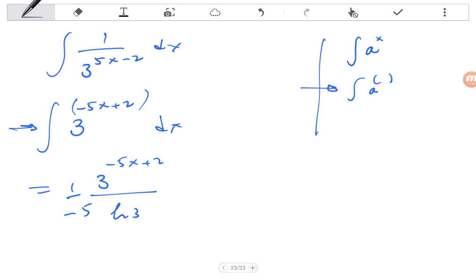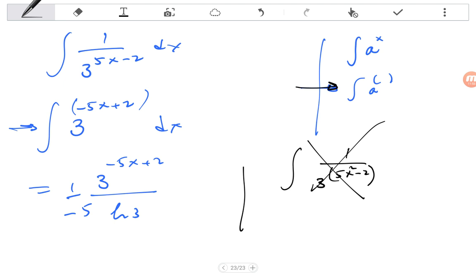What if the expression was the integration of 3 to the power of (5x minus 2) squared? Could I apply the exponential rule here? In this case, no, because this is not a linear bracket. I have a rule, and replacing x with a linear bracket is the only case in which I can apply the rule as it is.